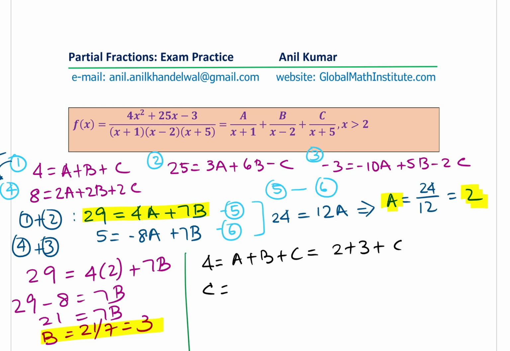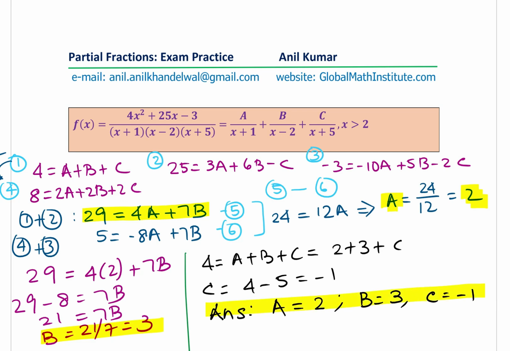So c is equal to 4 minus 5, which is minus 1. And the answer, therefore, is that a is equal to 2, b is equal to 3, and c is equal to minus 1. Clear? So by elimination, we could actually solve these equations and get our solution.